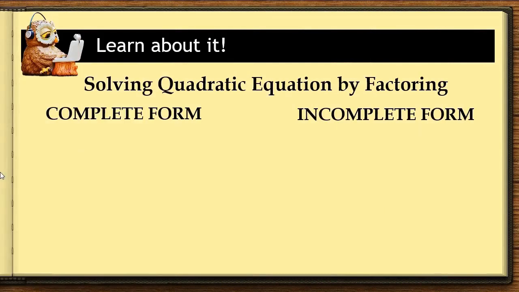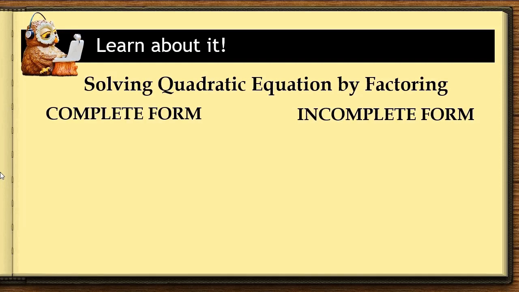There are several methods in solving quadratic equations, but in this lesson, we will focus on factoring. In factoring, you must know first if the equation is factorable because not all quadratic equations are solvable using factoring. Later, we will understand how to identify factorable quadratic equations.